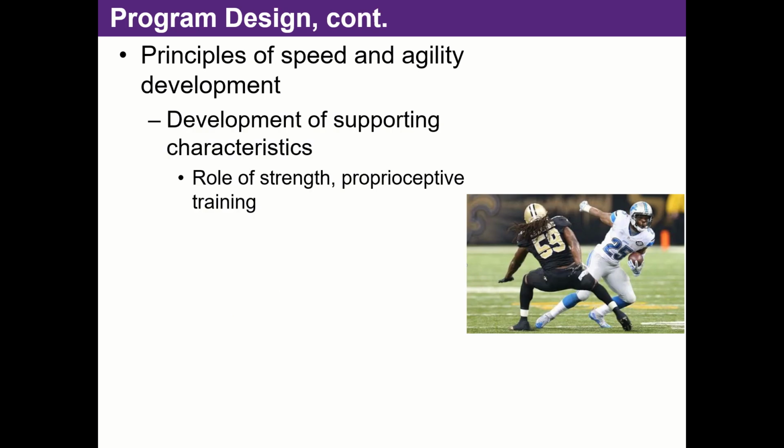So as mentioned, we have to develop supporting characteristics to make them effective or to make them agile, I guess. And so the primary ones are muscular strength and then working on the rate of force development. But in thinking about strength development, that includes basic movements like squats, lunges, Bulgarian squats, those types of things.